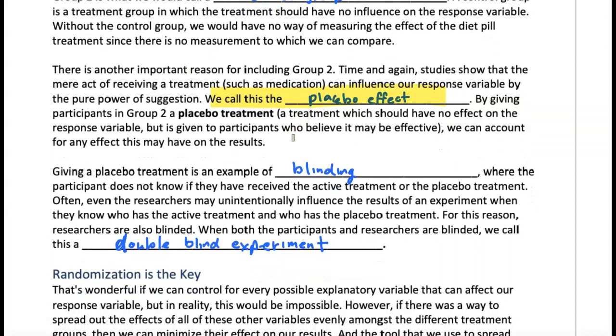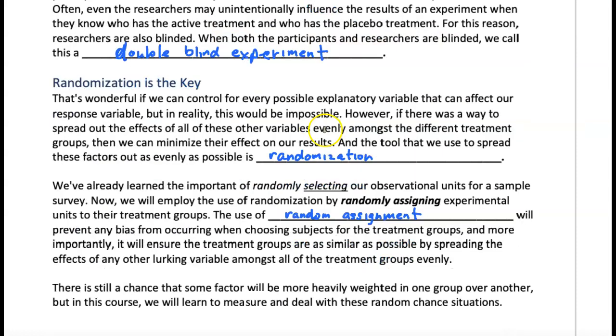By giving participants in the group a placebo treatment, we give them something they think is the drug, but we know it's not. And so you can see here, group 2, a placebo treatment, a treatment which should have no effect on the response variable, but is given to participants who believe it may be effective. And then we can account for any effects.